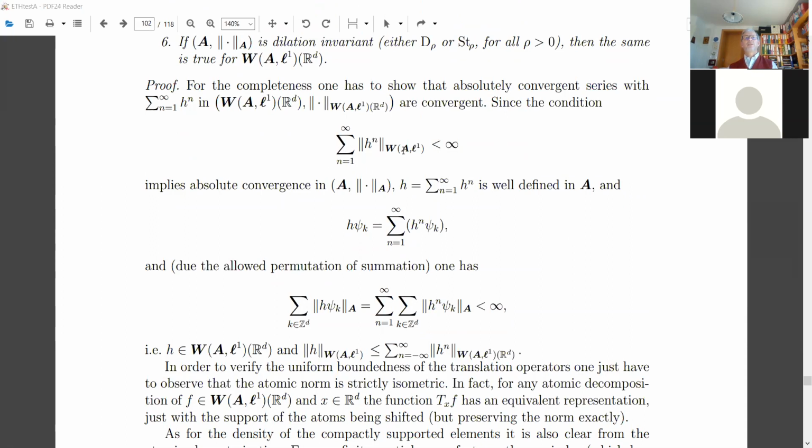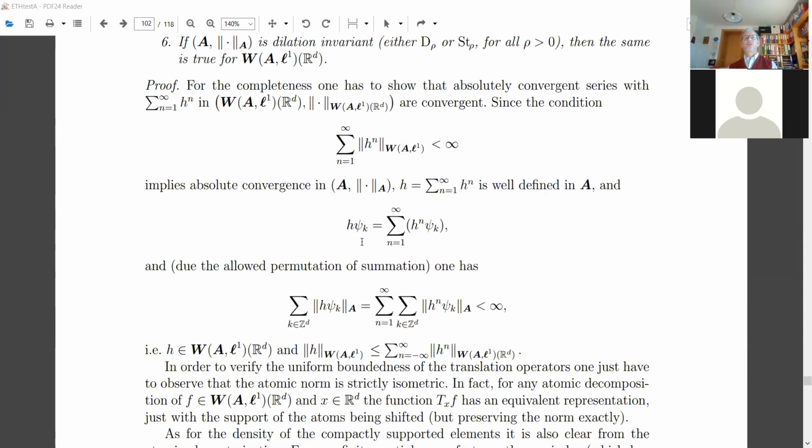So I'm writing such a sum, but now with the correct indices. We have the psi k indexed with Z^d, whereas the elements that I'm adding up in the series in such a space are now labeled from n equals 1 to infinity. The main point is just, if you take this h, which is summable at least in the sense of A, so it's a decent continuous function, you can localize the resulting infinite sum.